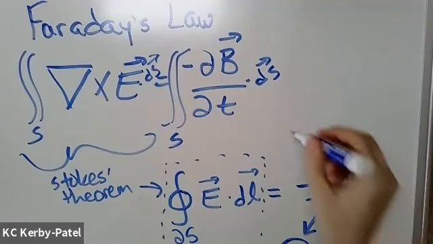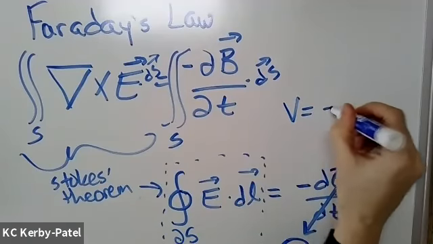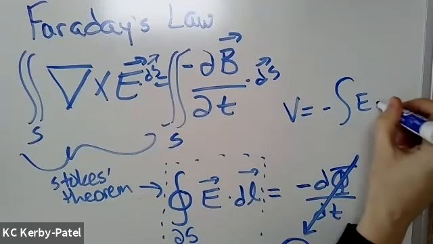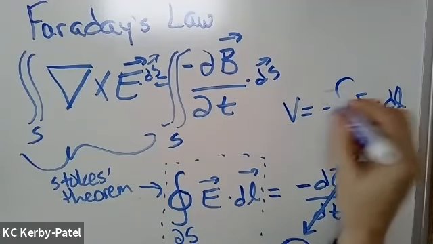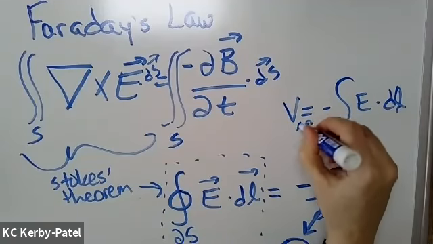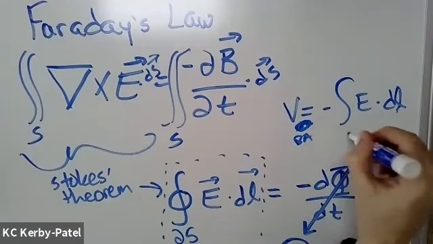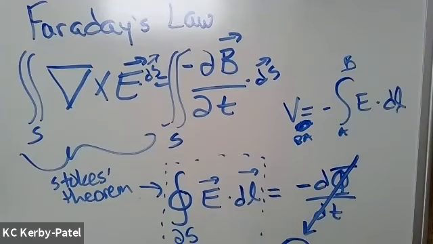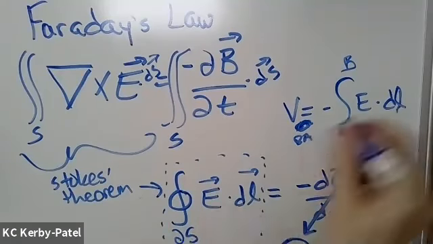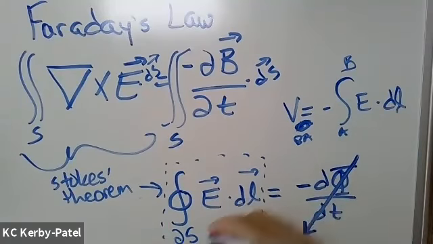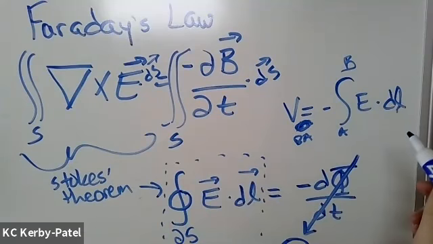And we also have that the voltage is minus the integral of E dot dl, if you want to talk about the voltage between 2 points, A and B. These are the 2 ingredients of Kirchhoff's voltage law. And now I want to pause and have a little discussion about that.